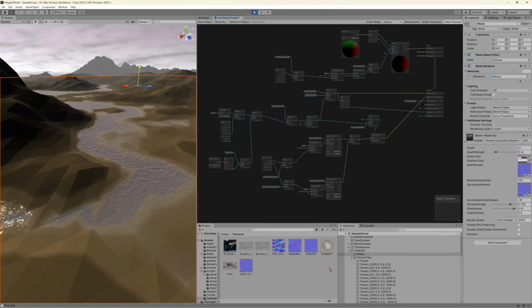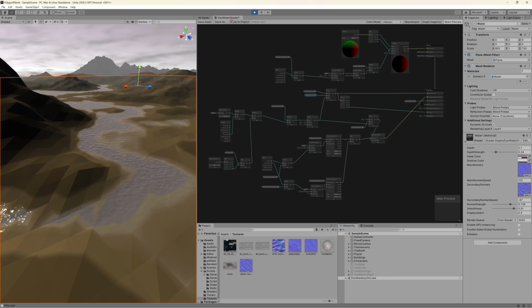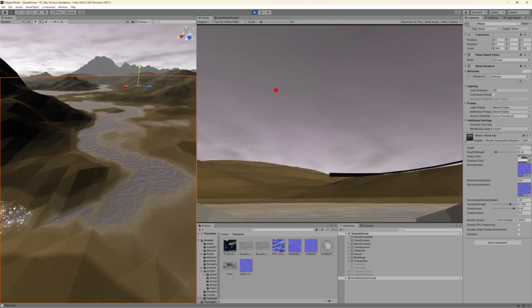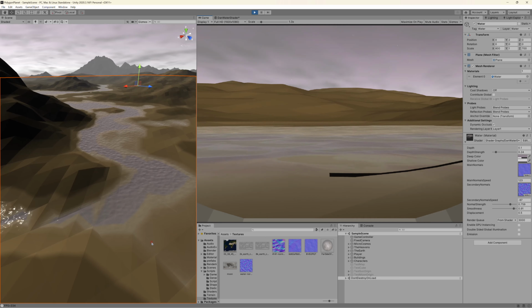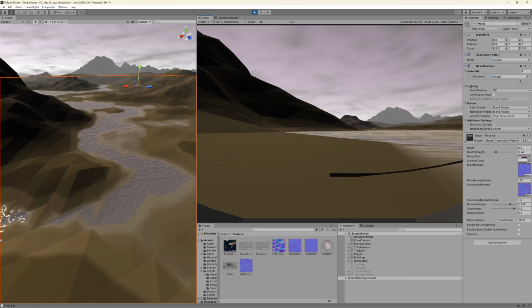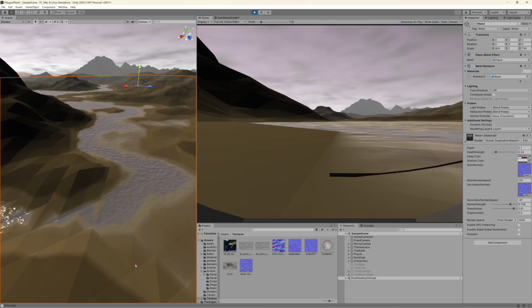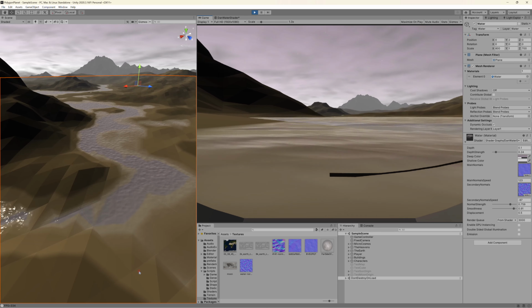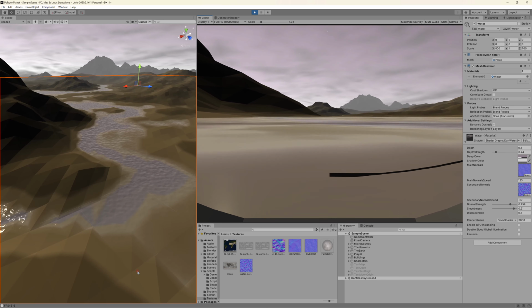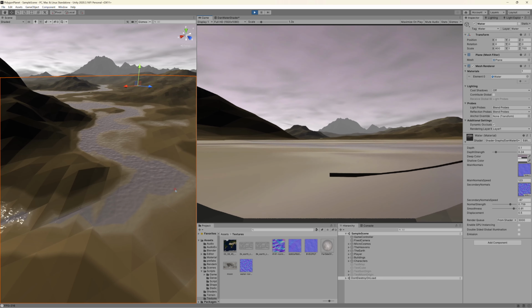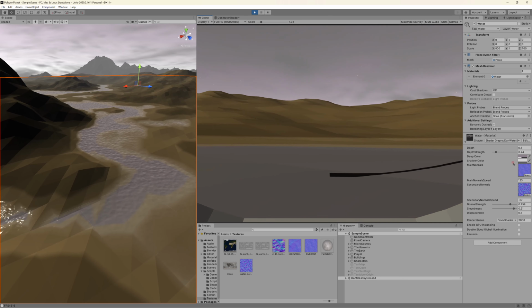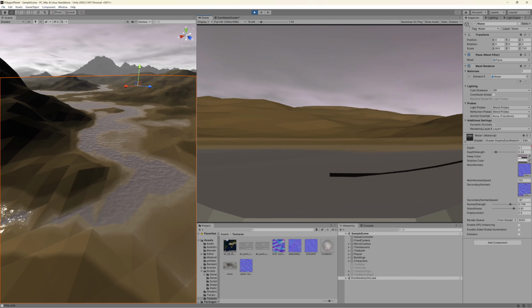Maybe that was too much detail, and that's my first go with the water shader, and I'm really pleased with the result, especially around sunset. Sun up and sun down looks really nice. The rest of the time, oh, I've gone under the surface, so you can't see the water's edge anymore.